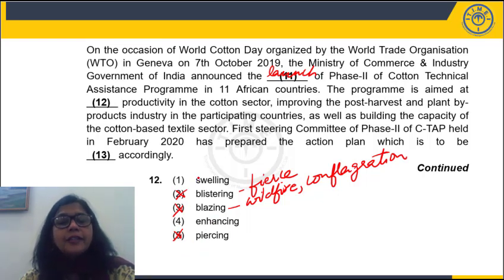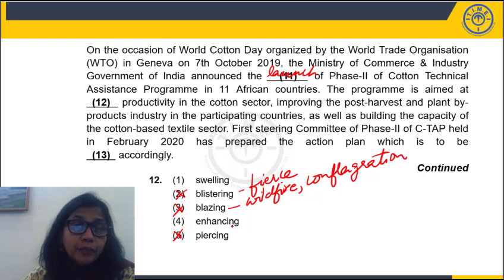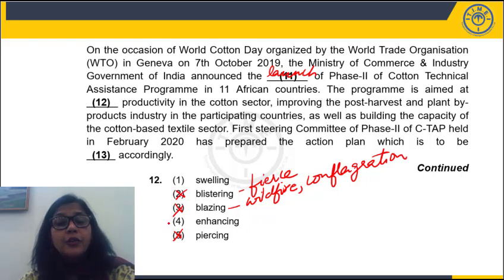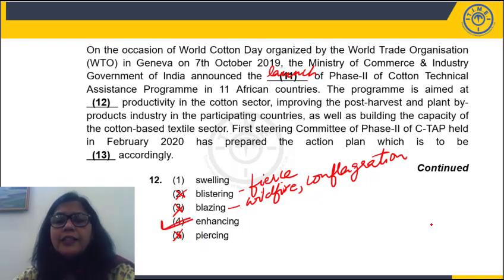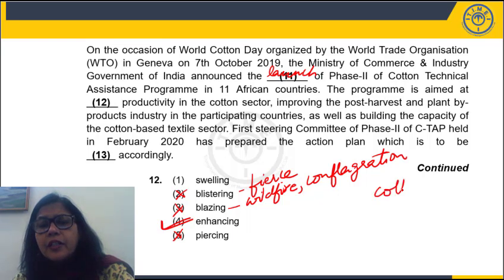Now we have enhancing and swelling. Swelling also means to become large, to grow, right? Enhancing also means to become large, also to improve, right? So the correct word over here, aimed at dash productivity. So enhancing is the better of the 2 words. And see, there's something known as collocation.